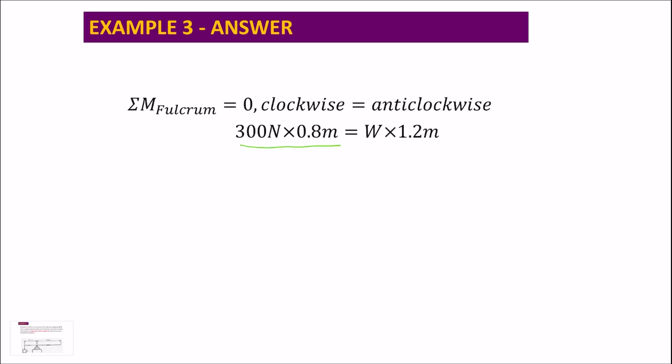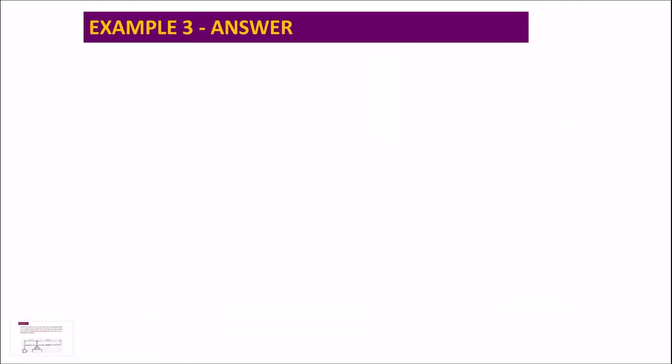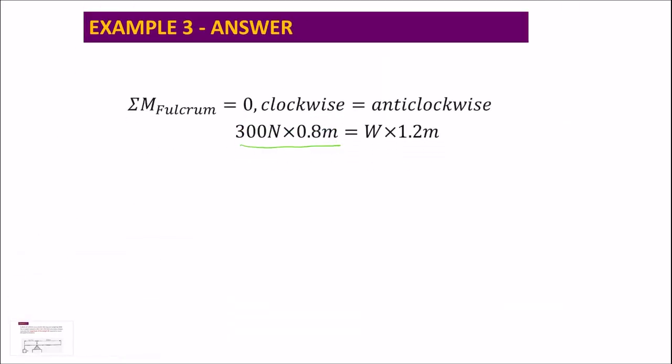And another one that we're trying to find is the W. So W, it is anti-clockwise. It is obvious, okay? So dia pusing macam ni, arah lawan jam nak ke fulcrum. And the distance is 1.2 meter. Therefore, you akan dapat 1.2 meter times W. Right.